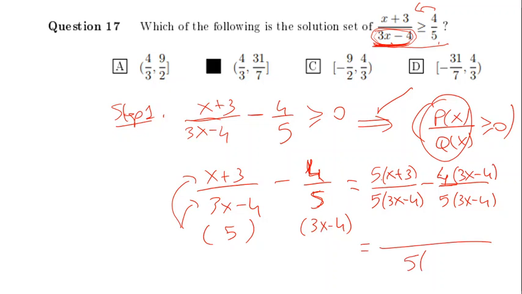When you combine them, you will get 5x plus 15, negative 4 times 3x minus 4. Then you multiply with minus 4 here. So you will get minus 12x, and when you do this one, it will get plus 16.